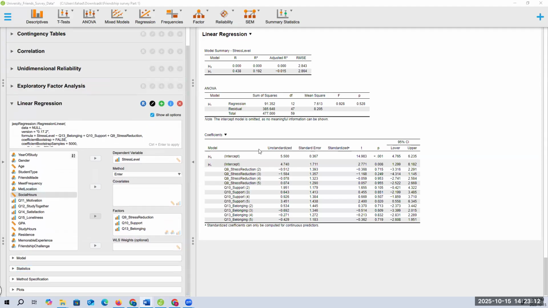And so that's about regression. How much contribution do the variables play on the predicted outcome, right?